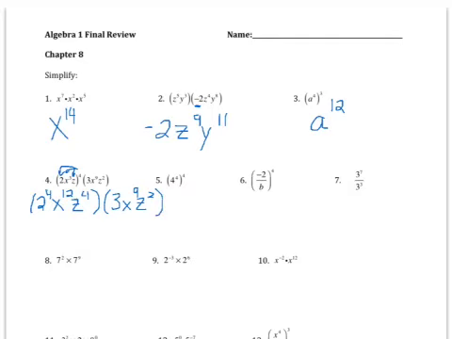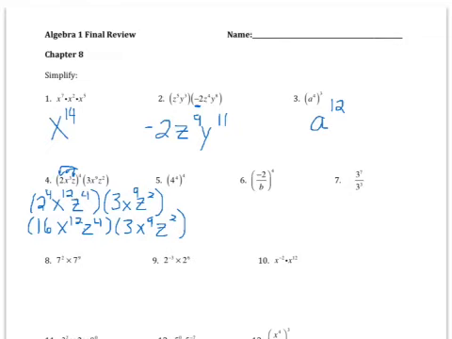To figure out what 2 to the 4th is, we need to multiply 2 by itself 4 times. So 2 times 2 is 4, times 2 again is 8, times 2 one more time is 16. So we have 16 x to the 12th, z to the 4th, times 3 x to the 9th, z squared. So now we can multiply our numbers together.